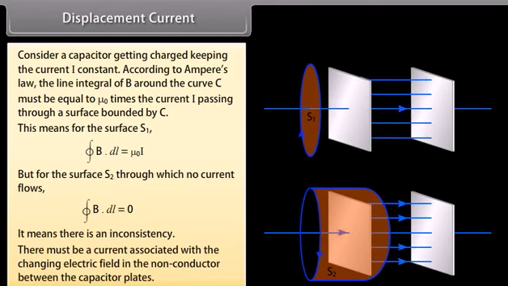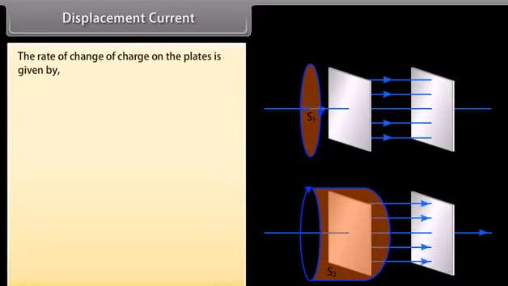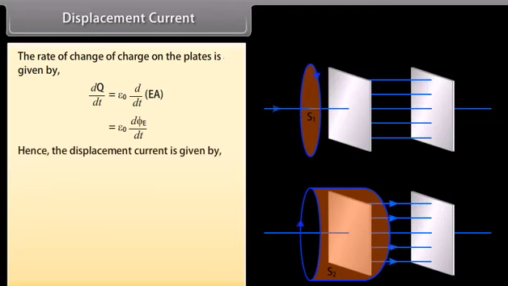There must be a current associated with the changing electric field in the non-conductor between the capacitor plates. The rate of change of charge on the plates is given by epsilon naught d upon dt of EA, which is equal to epsilon naught d phi E by dt. Hence, the displacement current is given by I_D equal to epsilon naught d phi E by dt.